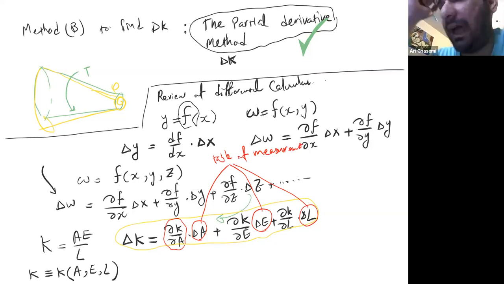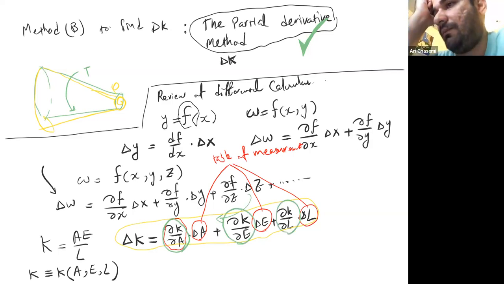I found the average, I found all the deltas and everything, right? So if I had the derivatives, then I could simply plug them in, do the algebra on a calculator and just get the number, right?